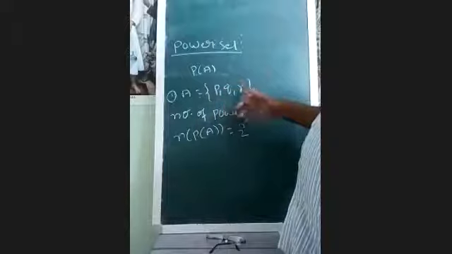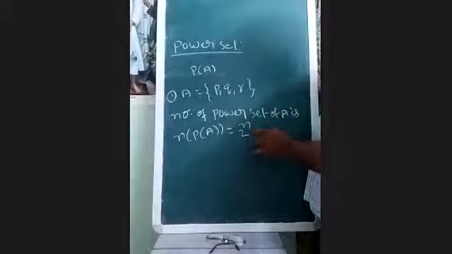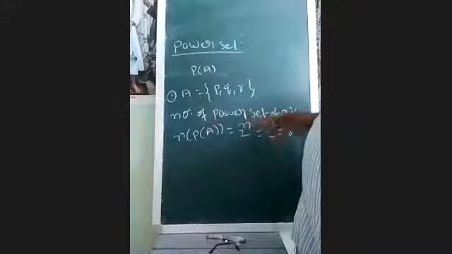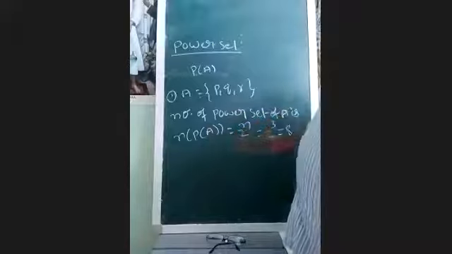P, Q, R. So 2 power 3, which means 8. The number of elements of the power set of set A is 8.